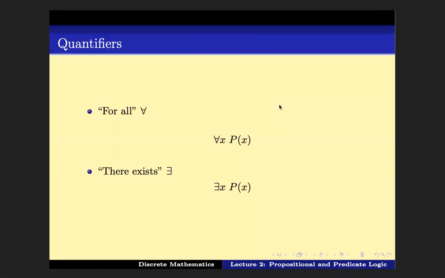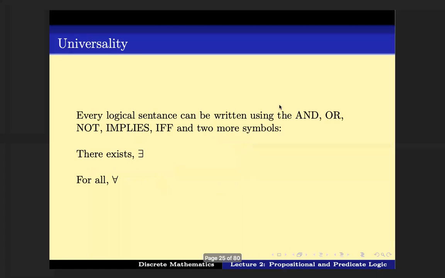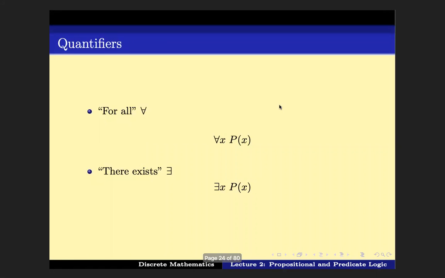Now, this is going from the world of propositional logic to the world of predicate logic. So here is a statement P of X, a statement that is true for a particular variable.